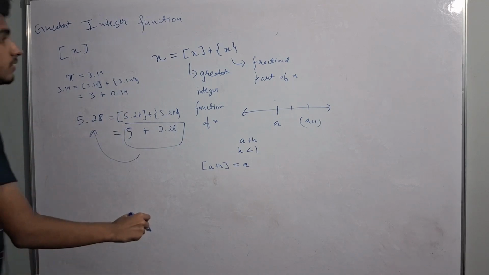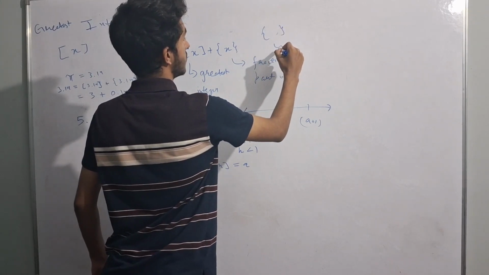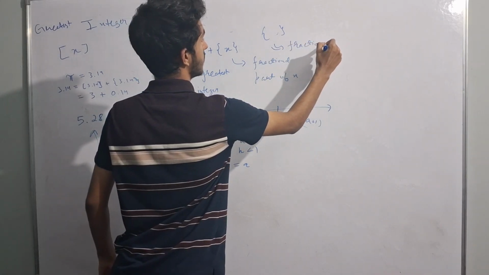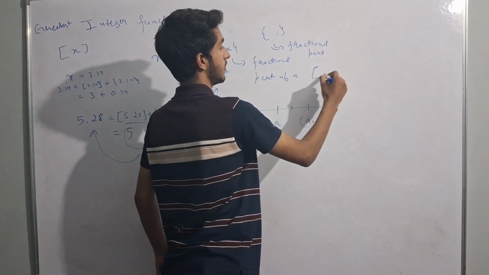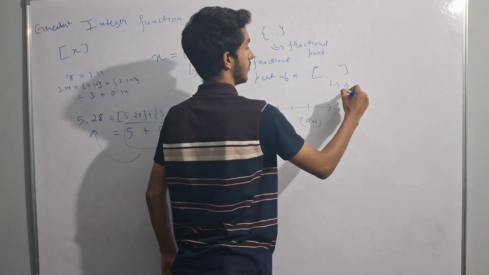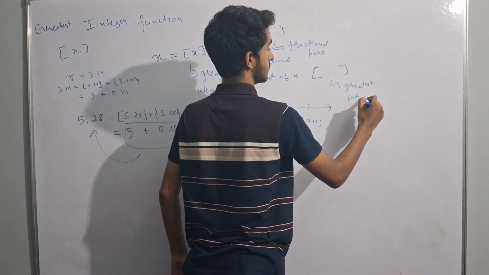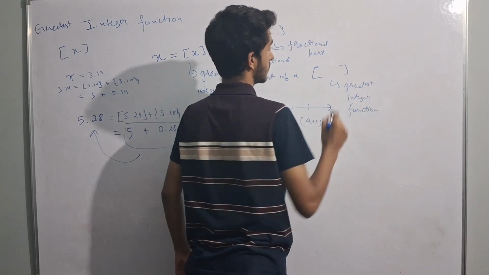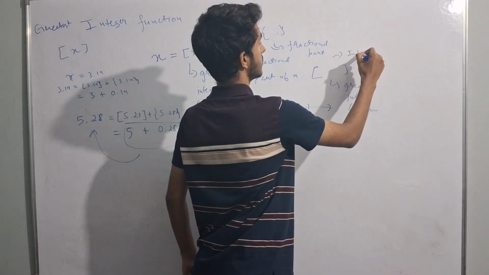So curly brackets are for the fractional part, and the square brackets are for the greatest integer function, or you can also call it the integral part.